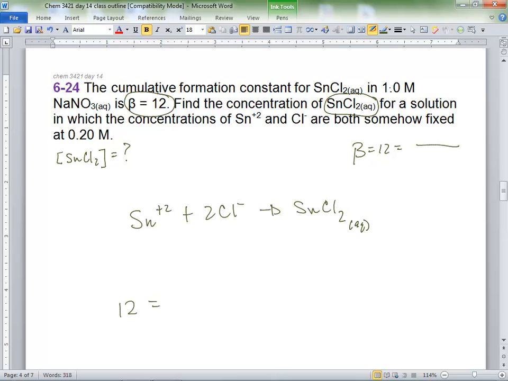Okay. So products over reactants. Do I include the tin 2 chloride? Yeah, because it's AQ. And the tin and the chloride, but I got to square it. Okay, we are getting there. Brandy, now what?